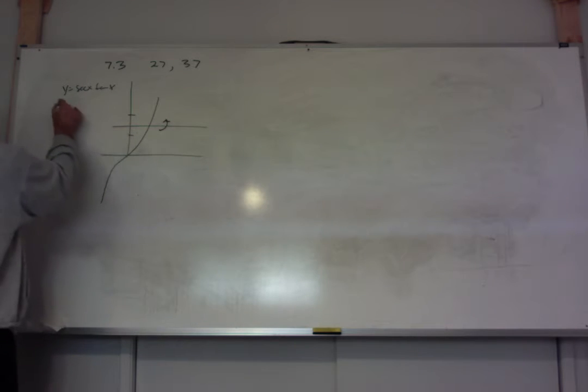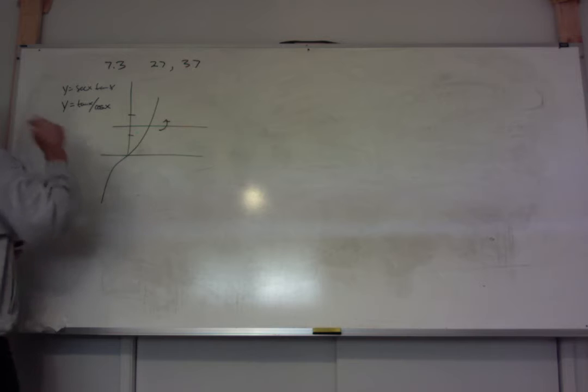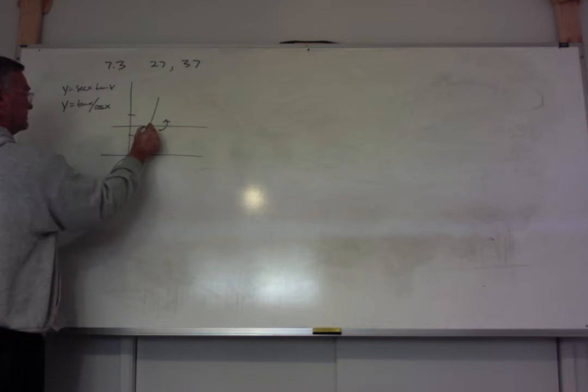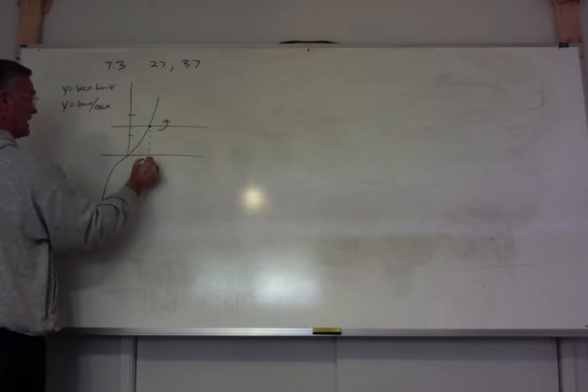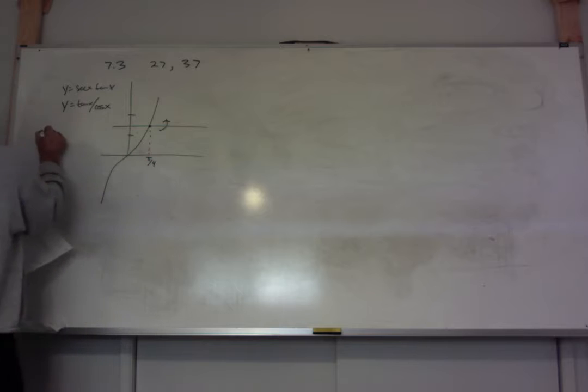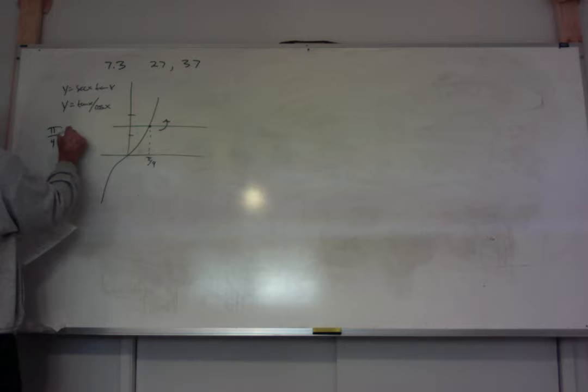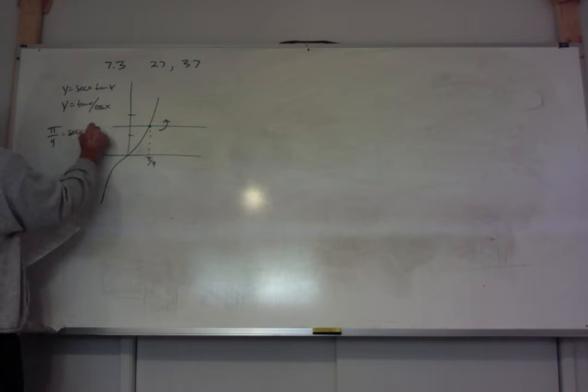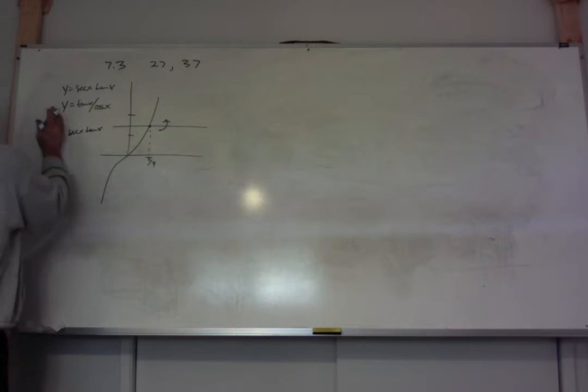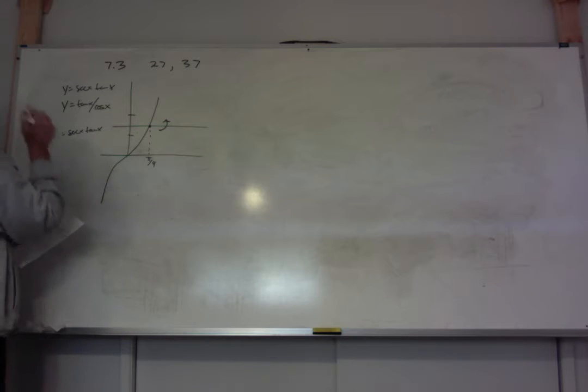What I would do is graph this and put this as y is equal to tangent of x divided by cosine of x, which is what secant is. You're going to find out that this point right here crosses at pi over 4. That's because we're looking for where secant of x, tangent of x would be equal to square root of 2.